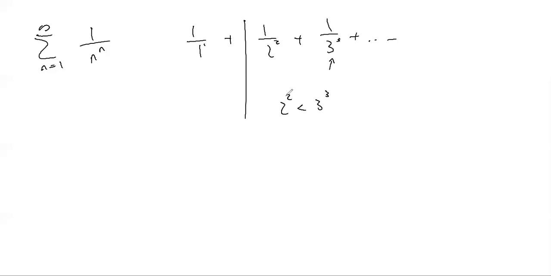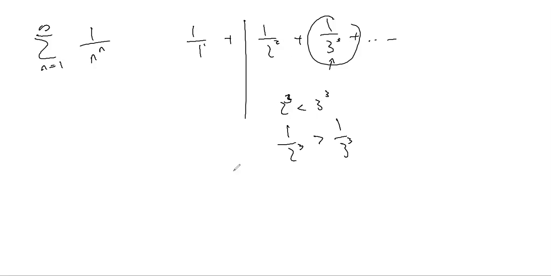Instead of 2 squared, let's say 2 cubed. Okay, so 1 over 2 cubed is less than 1 over 3 cubed. So this fraction here is, sorry, I had a little lapse in my thought process. Okay, so I have 3 cubed is greater than 2 cubed, which means 1 over 2 cubed is greater than 1 over 3 cubed. Okay, so let's see. And then the same thing holds for the subsequent terms.